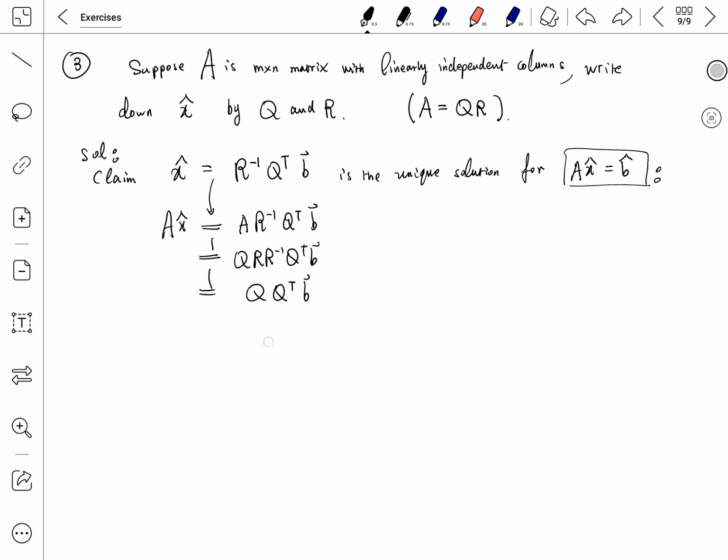Gives you projection of B onto the W. What is W? W is the span of the column vectors of Q, which will be also the column vectors of A. And so, which is exactly our B hat.